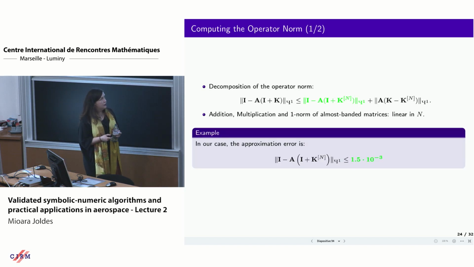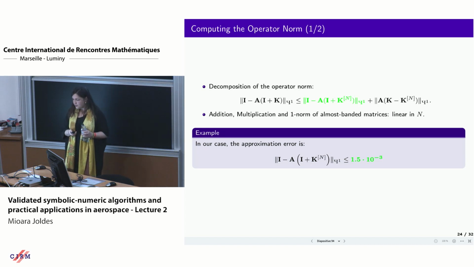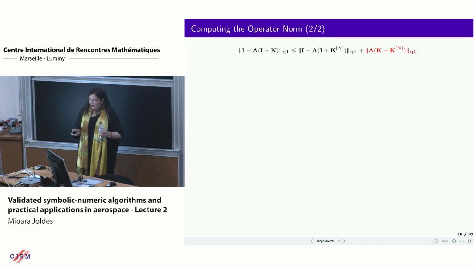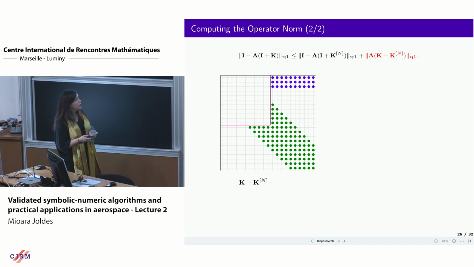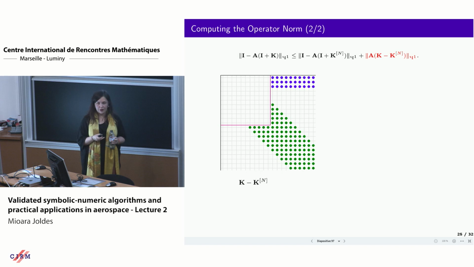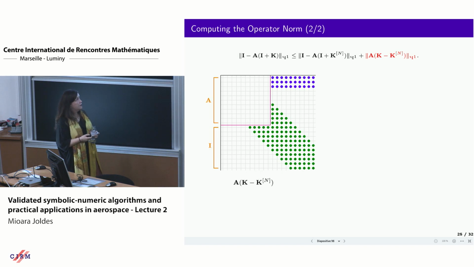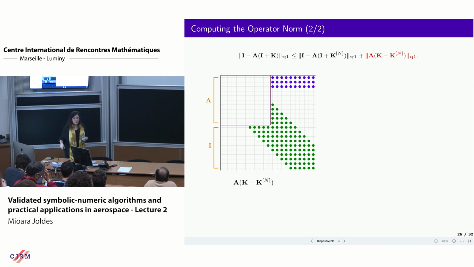And for my example, this is what we get, to wrap up. On the other hand, for the infinite dimensional part, I have to work a little bit more. So to see what happens, this is my initial operator. I cut the nth truncation of this, and then I multiply by A extended by identity on the infinite part.